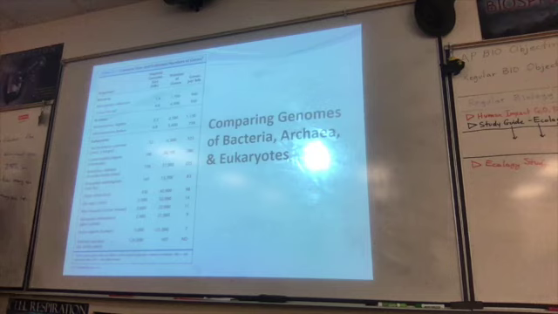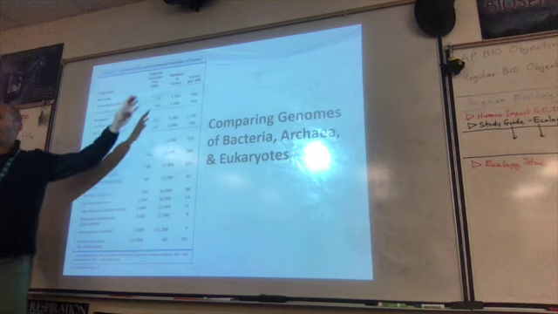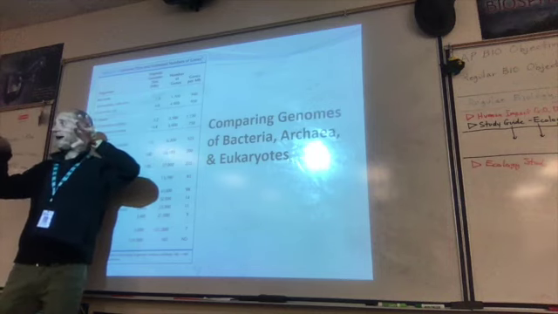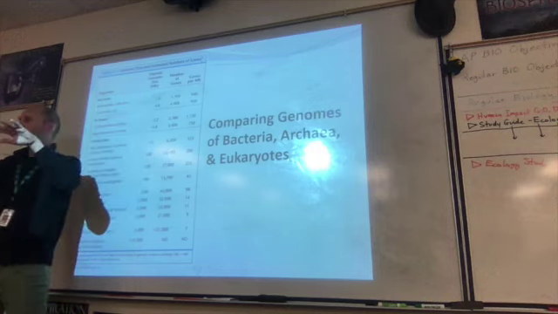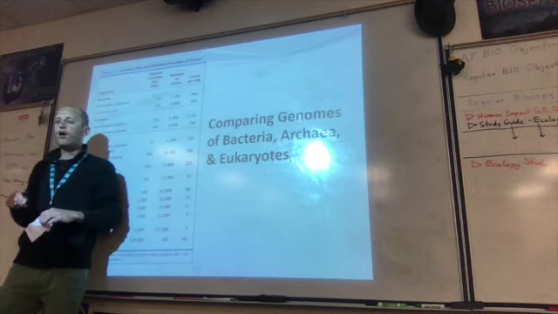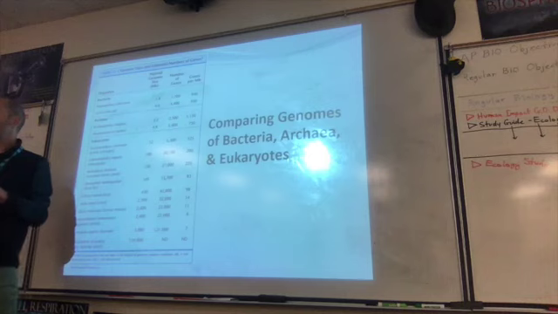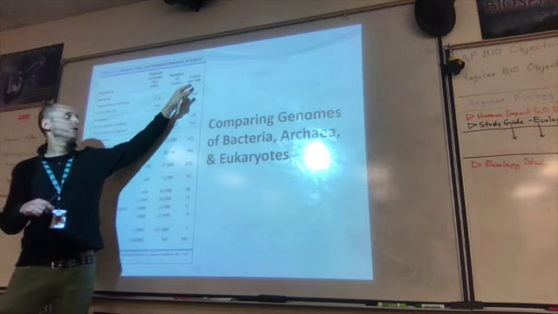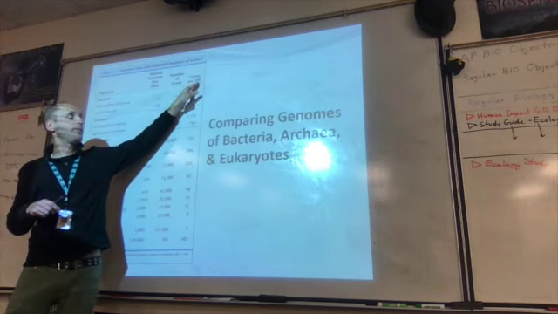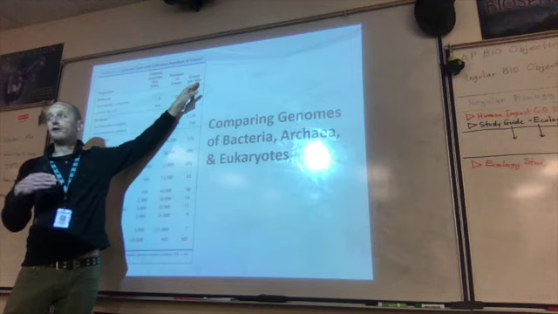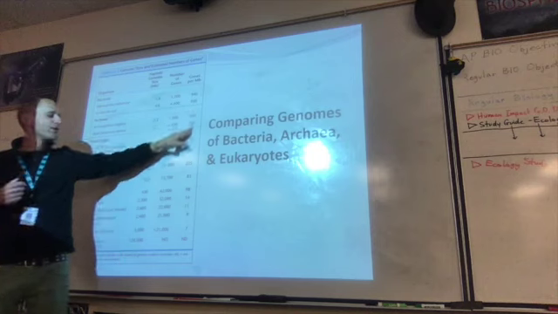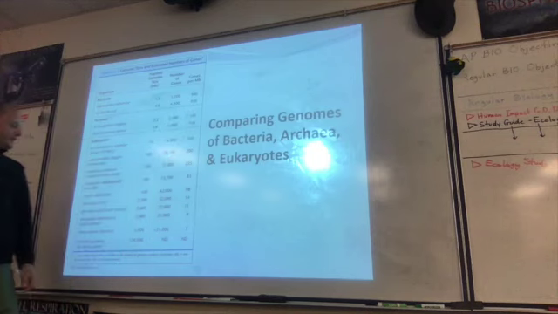But remember that not all of the bases of DNA comprise genes that code for proteins. Some bases are part of the introns, or maybe they are regulatory sequences. So in this third column, genes per megabase, or genes per million bases, this is going to show us gene density.